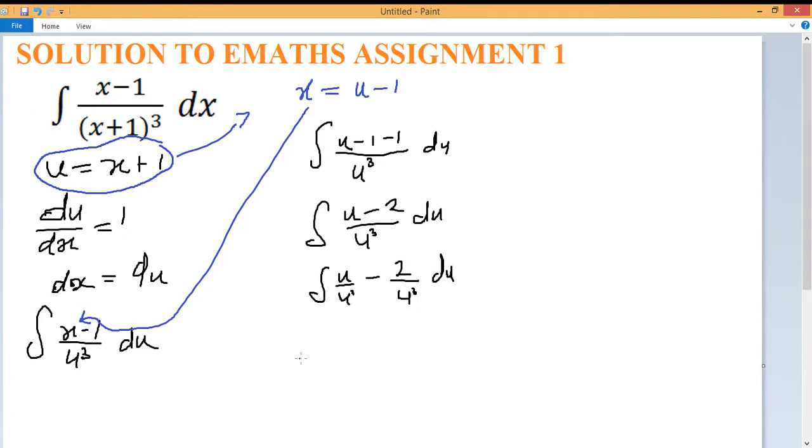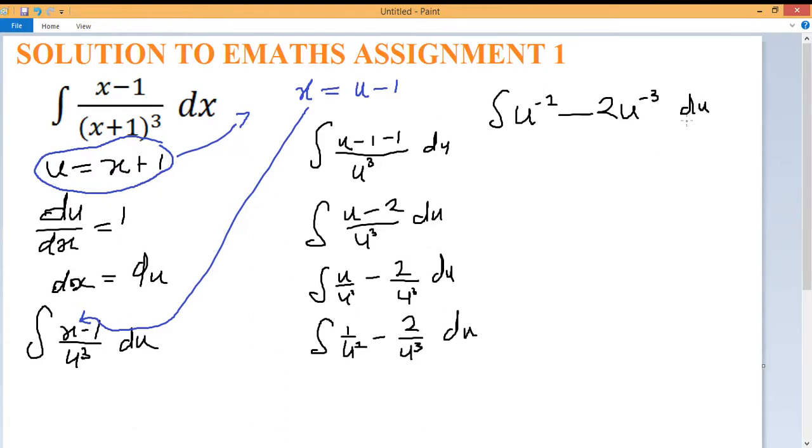Then we simplify further, it becomes 1 over u squared minus 2 over u cubed du. This can become the integration of u raised to the power negative 2 minus 2 u raised to the power negative 3 du.